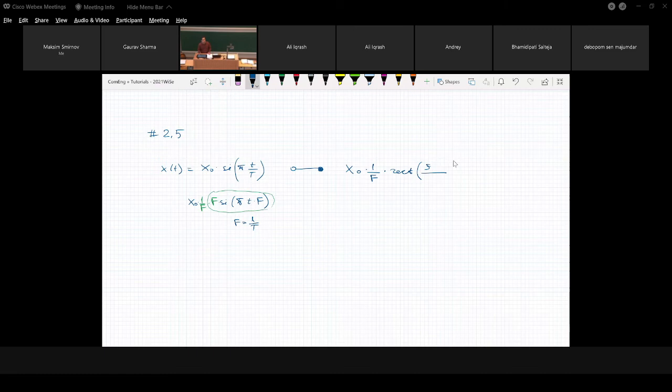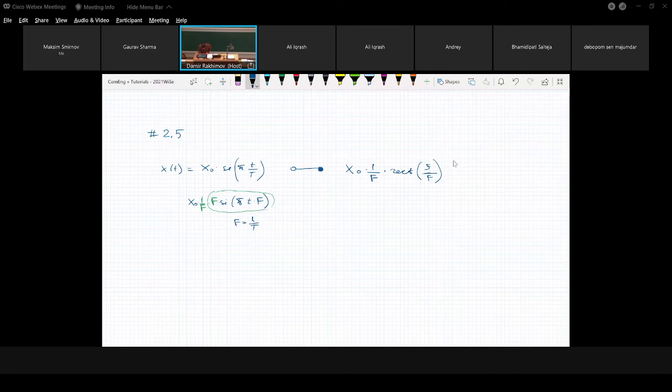What's the duration of the rectangular shape function in frequency domain? Yes, it's f, but then we have to replace it because we don't have f in our original problem, but we have 1 over T.